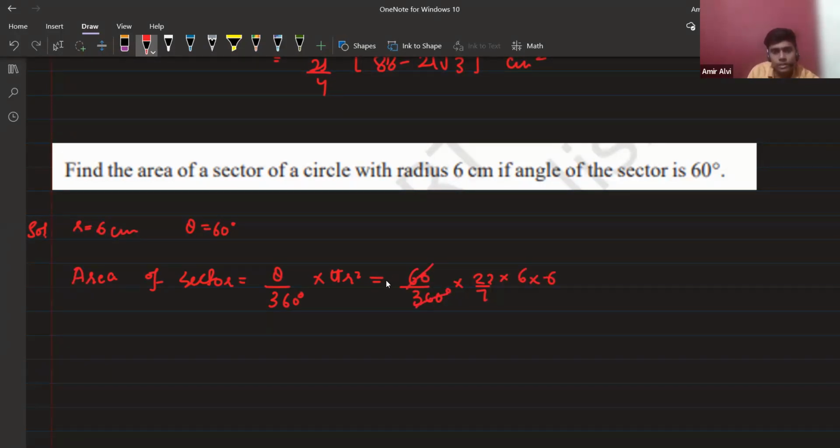It is 1/6, so you can cut the zeros, and you can directly cut this. So it's nothing but 132/7 centimeters square. Everybody clear?